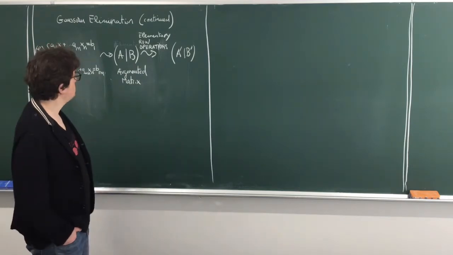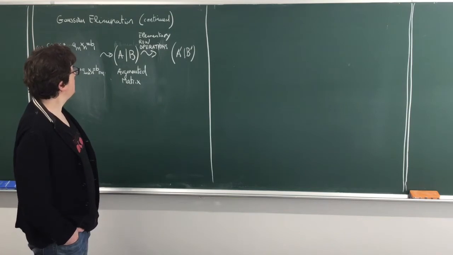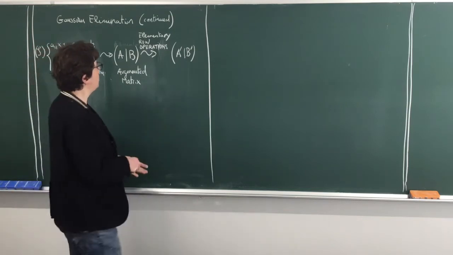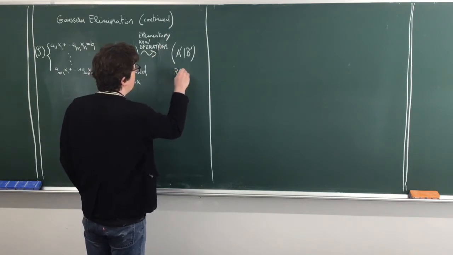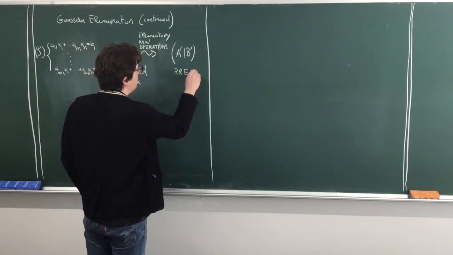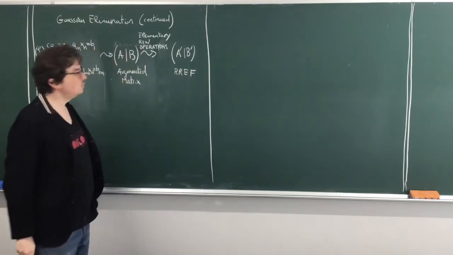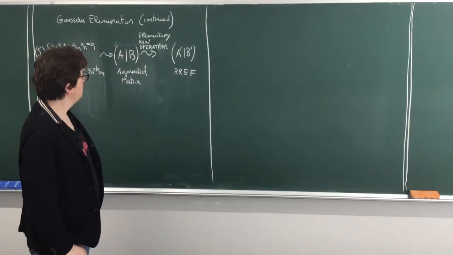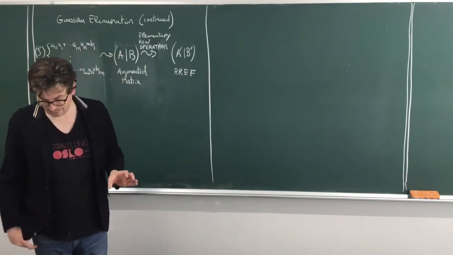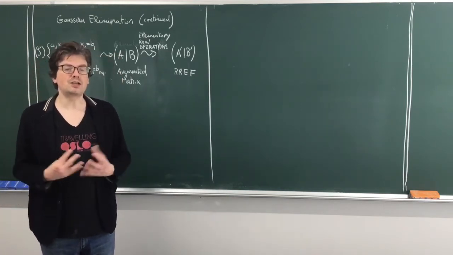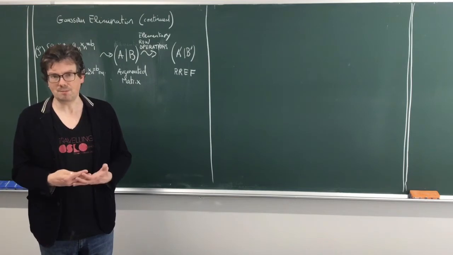Those are the three elementary row operations. Now the aim of this transformation is to get RREF, which stands for reduced row echelon form. Such a matrix will make it easier to read the solution of the system.